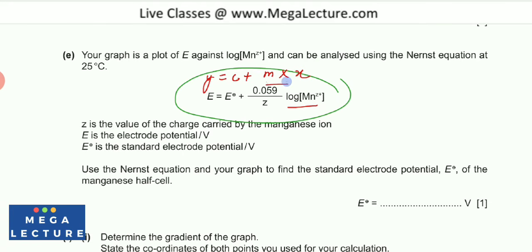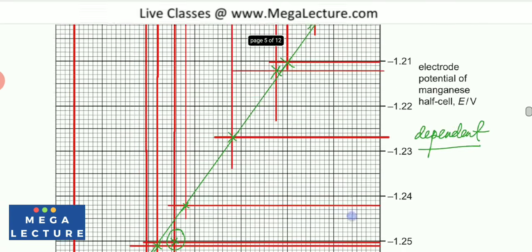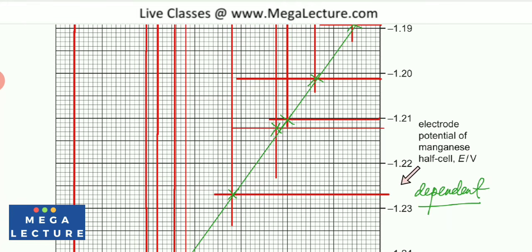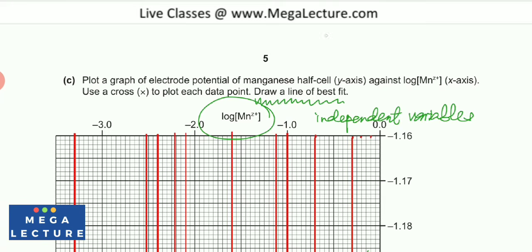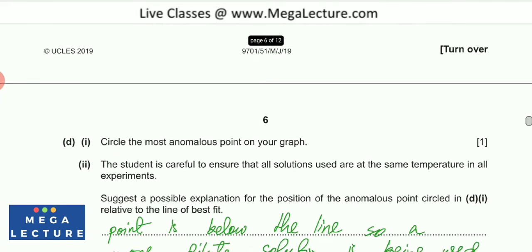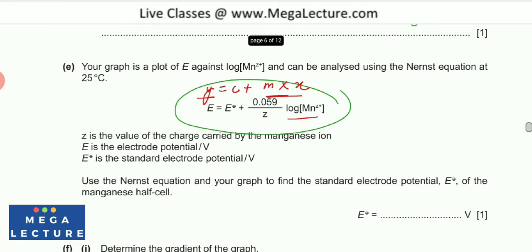So y is equal to, let's go back to our graph and let me show you the axes. Electrode potential E was plotted on the y-axis, and log of Mn2+ was on the x-axis. If you go back to our Nernst equation, you would notice that E is your y-axis, and x is your log of Mn2+. This over here must be the gradient m, and c is the y-intercept.